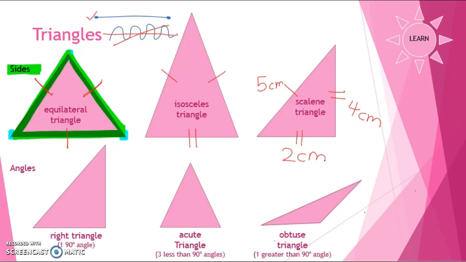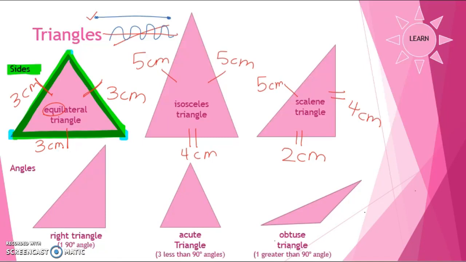Each side is different. For this one, each side could be 5, and then the bottom might be 4. And then for this one, an equilateral, notice the term equal, all the sides are, let's just say, 3 centimeters.